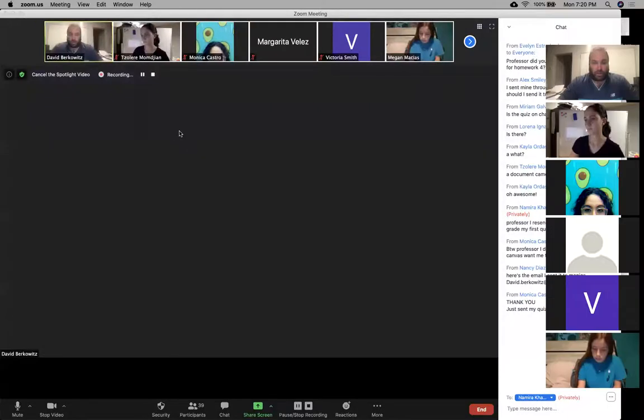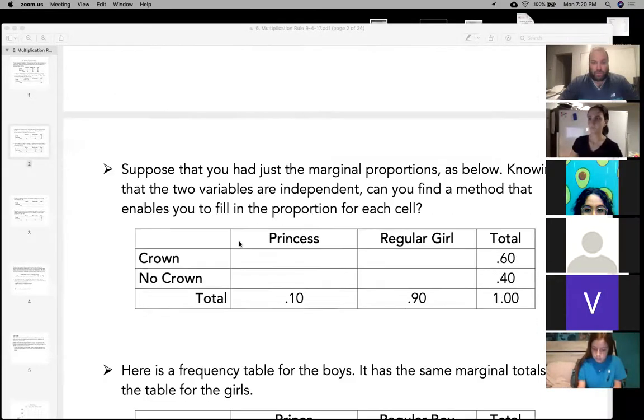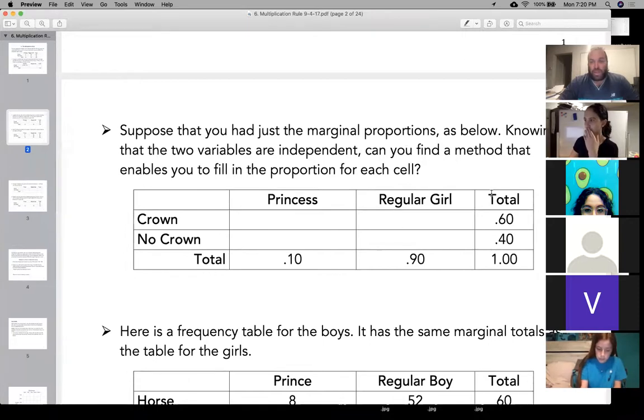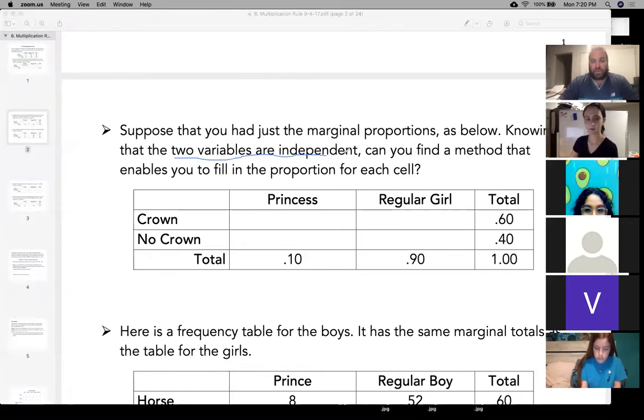Mm-hmm. Okay, so let's now go to the next one. The question is, suppose that you only had the marginal proportions. You only had these numbers. And you also knew the very important fact that the variables were independent.